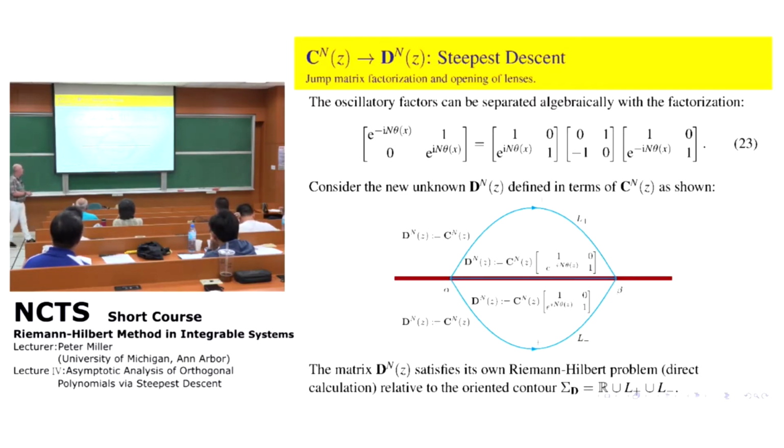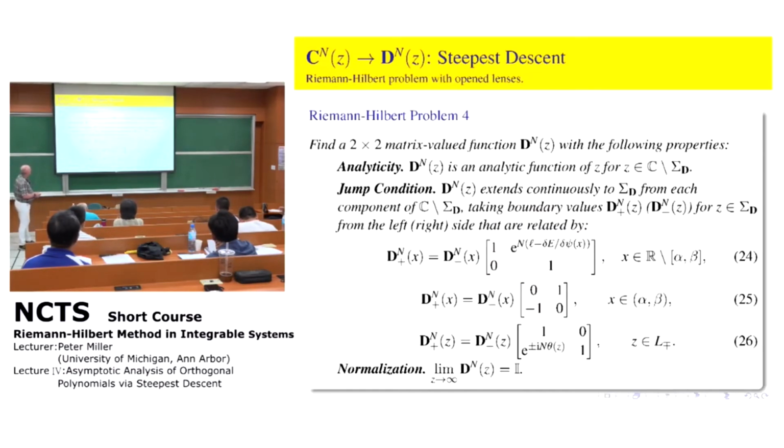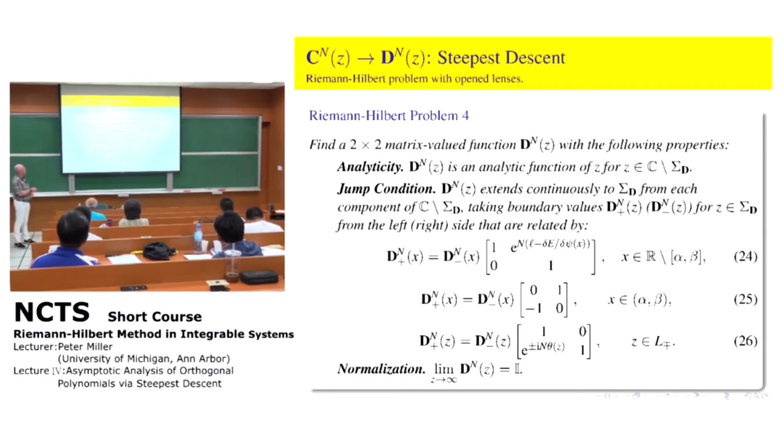Okay? So the matrix D_n of z satisfies its own Riemann-Hilbert problem, which we just did the calculation for just now, relative to a more complicated contour, which consists of the real line together with this lens boundary and this lens boundary. So now our contour has gotten more complicated, but here's the Riemann-Hilbert problem for D. So we're looking for a 2x2 matrix D_n of z.